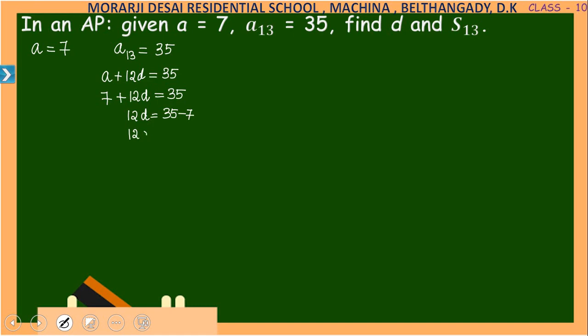So 12d is equal to 28. d is equal to 28 by 12. That is, 4 3s are 12, 4 7s are 28. So d is equal to 7 by 3. We got the value of d.